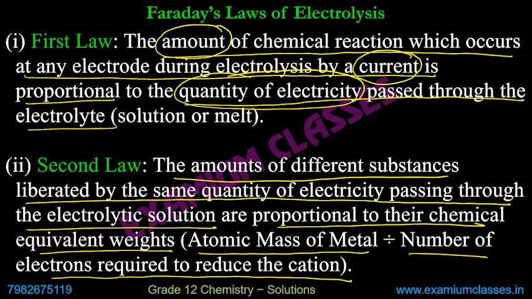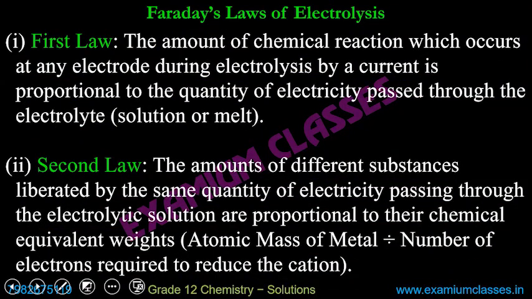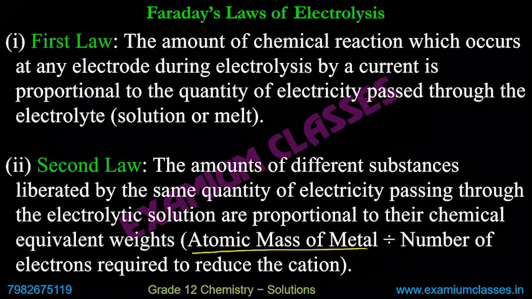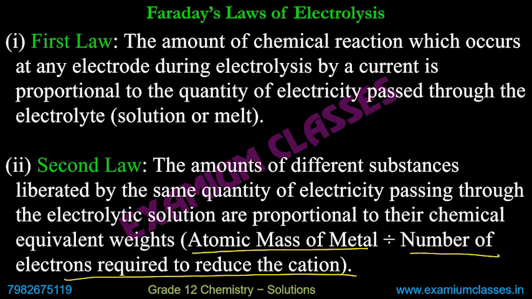For equivalent weight you need to remember at least this much formula: atomic weight of the metal divided by the number of electrons required to reduce the cation in the balanced reaction. It is the same thing as the value of n in the Nernst equation.